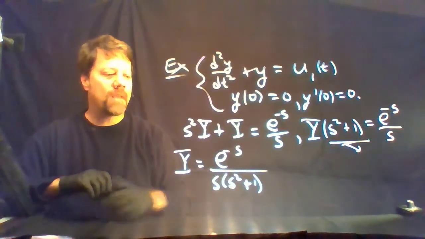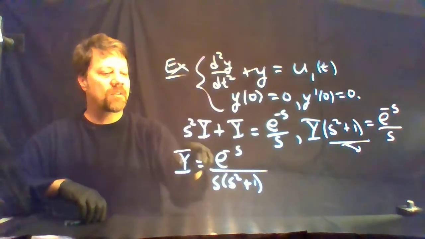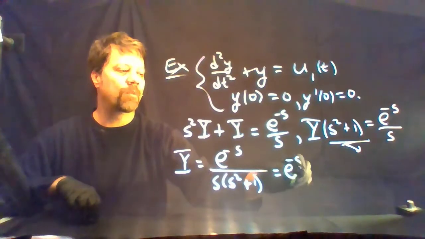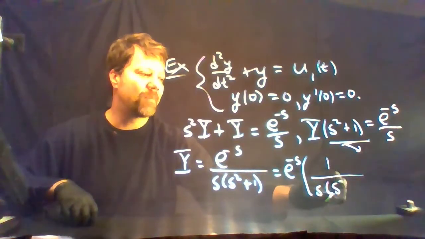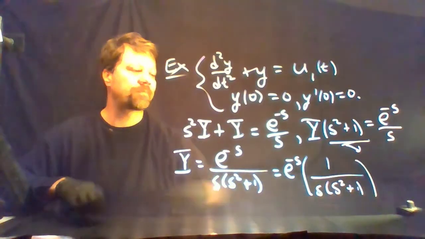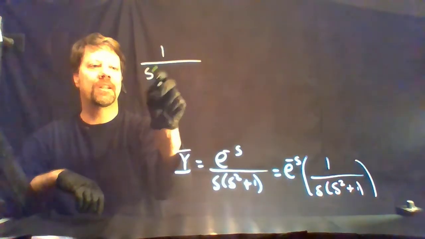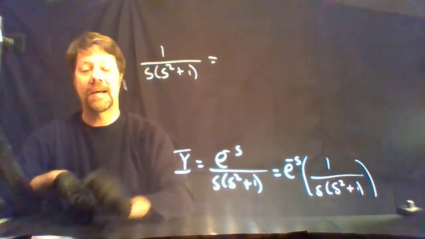We need to perform a partial fraction decomposition on that right-hand side without reference to this e to the minus s. That'll just be a factor we'll multiply on to both of the terms after the partial fraction decomposition. To perform the partial fraction decomposition, note that s squared plus 1 is an irreducible quadratic.